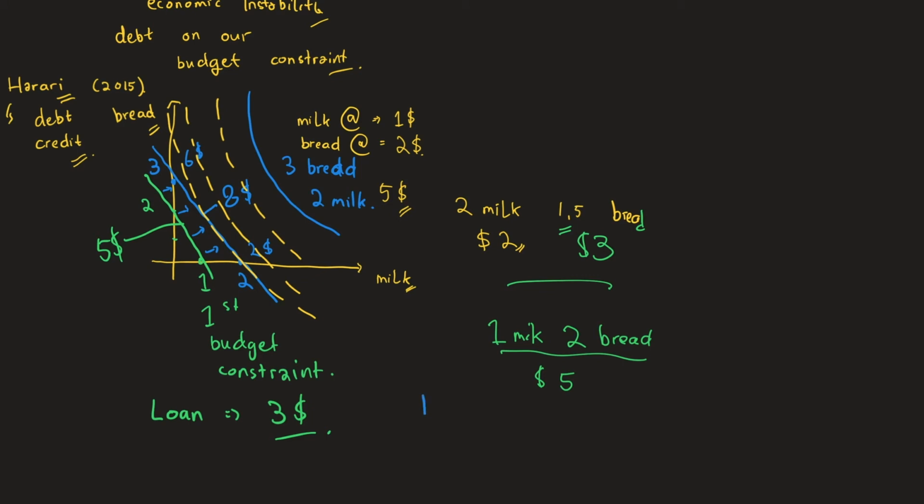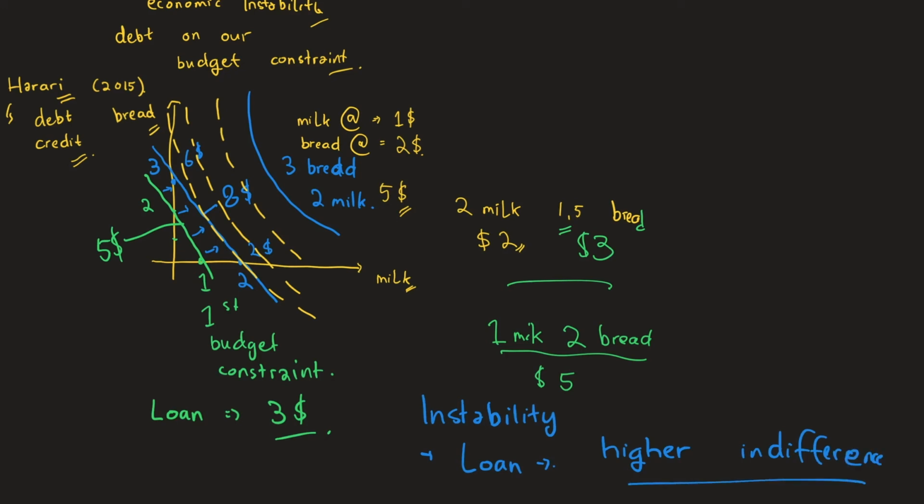So this is the instability concept: people basically like this because there is loan, and people can reach their higher indifference curve. The indifference curve means the personal preference. If you borrow $3, then it's fine.